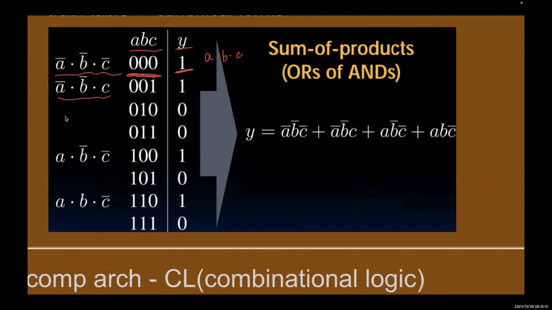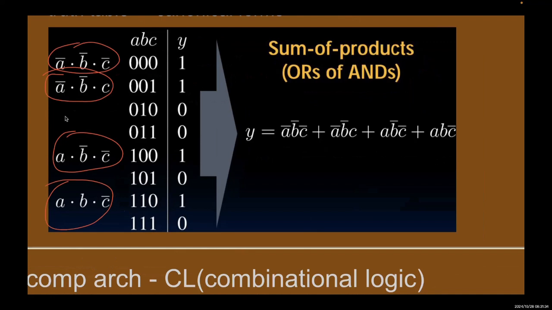Similarly for this, the A is 1, B and C need to be flipped. And for this, A, B, and C need to be flipped. So there are 4 formulas here.